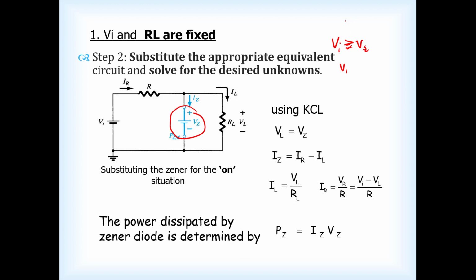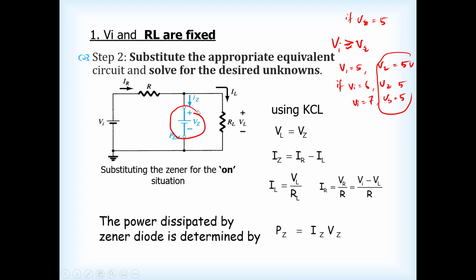If Vz equals 5, and V in equals 5, then Vz equals 5. If V in equals 6, Vz equals 5. If V in equals 7, Vz equals 5. So what it does is maintain the output voltage. This is the special characteristic of the diode.